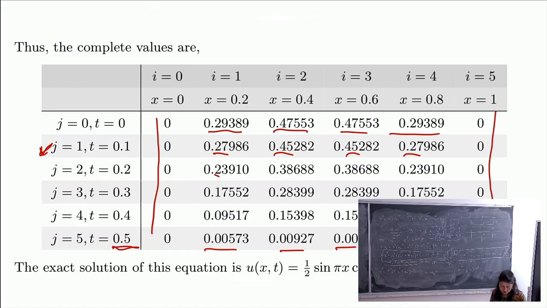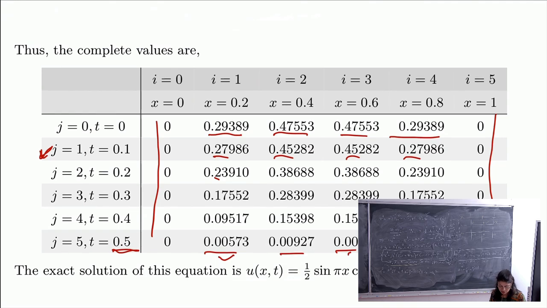Can you see that this solution has a symmetric behavior, because x equal to 0.2 and x equal to 0.8 have the same value, and the values at 0.4 and 0.6 have the same value. That you can observe carefully with the help of the exact solution.